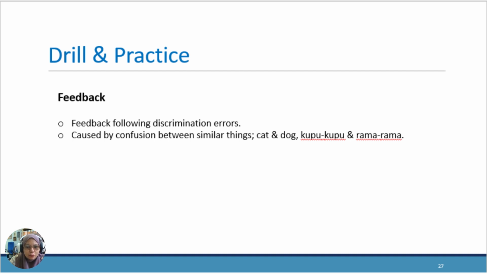Such as kupu-kupu and rama-rama. So here we have to give them feedback, maybe in terms of information, feedback information to enhance their knowledge, or maybe we give them a clue about the difference between two things. What is kupu-kupu? Grasshopper. Rama-rama, butterfly.